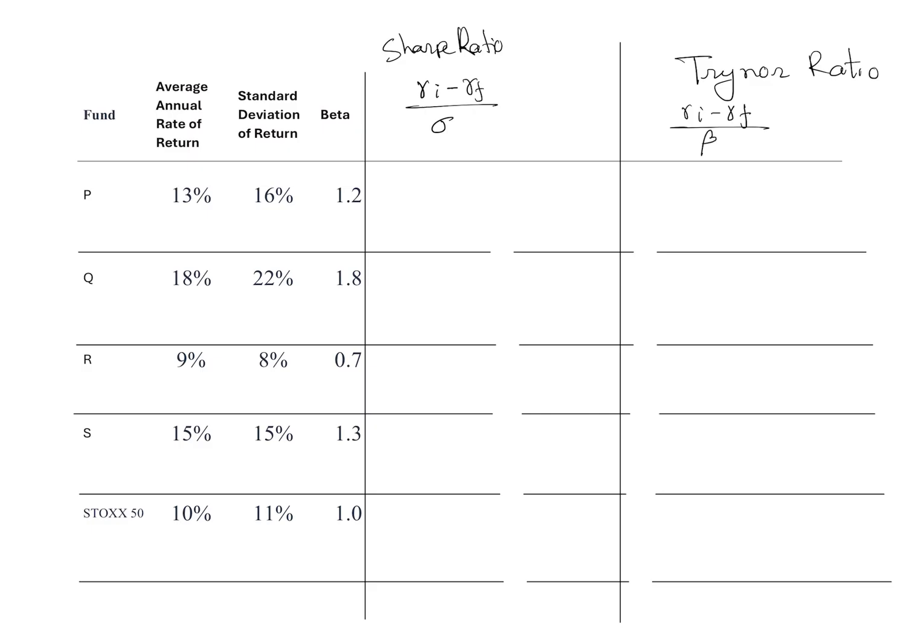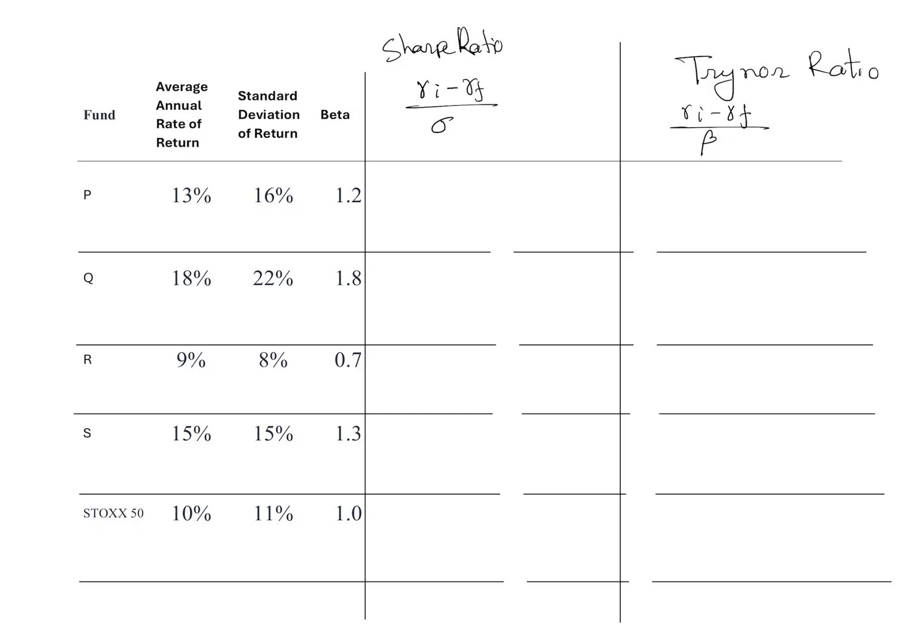These are all in percentages, so we can put them either as percentages or in decimals, whichever you prefer. Let's do all in decimals to be on the safe side, making it all the same across different questions.